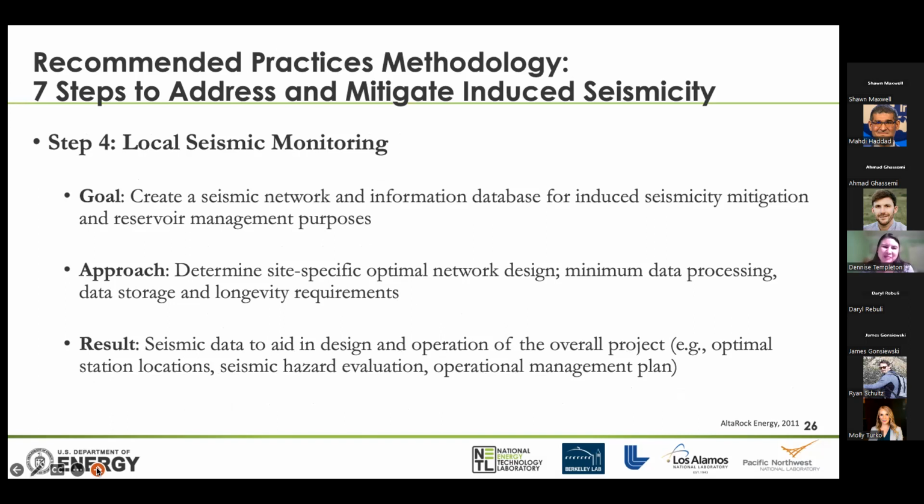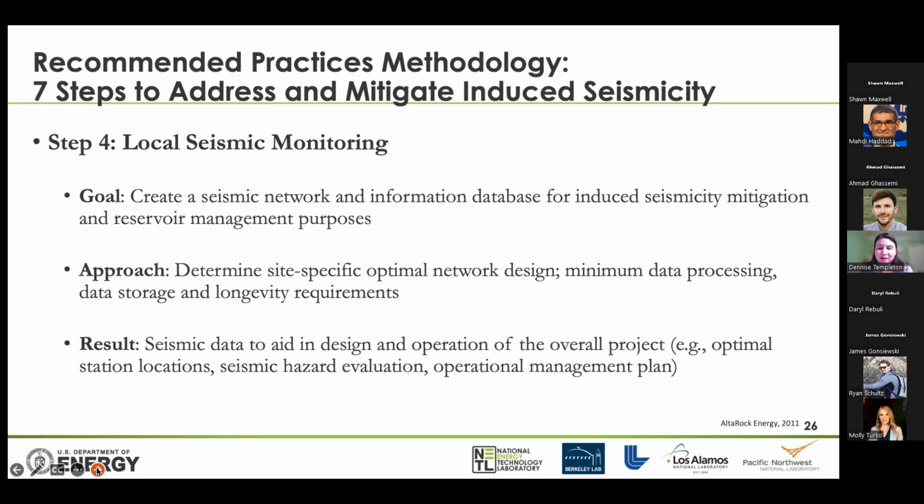In terms of local seismic monitoring, we need to create a seismic network and information database for induced seismicity mitigation, and also for reservoir management purposes during the operation. So our approach is to determine a site-specific optimal network design, determine what minimum data processing should be necessary, and talk ahead of time about data storage and longevity requirements.